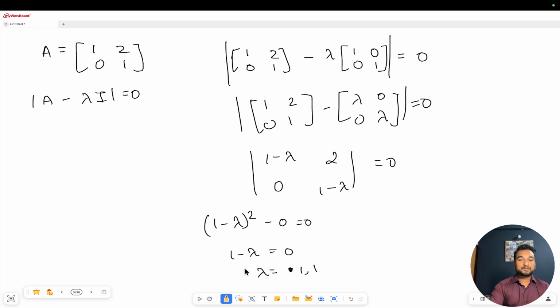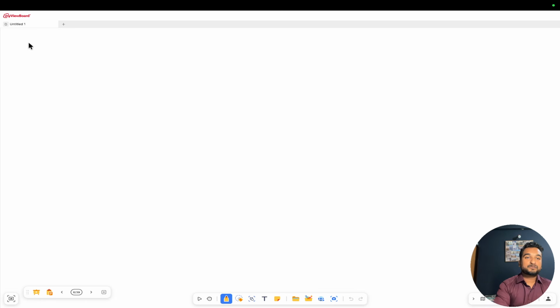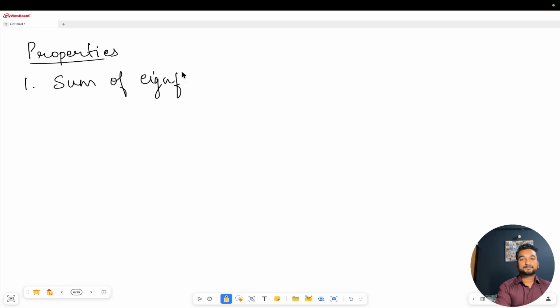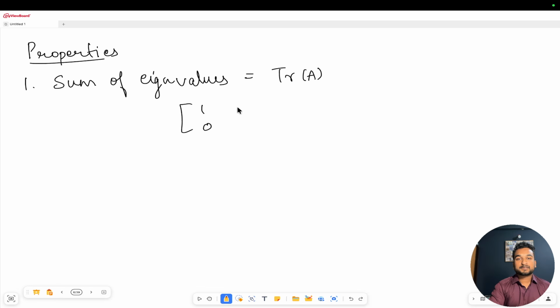Okay, so there are some important properties of eigenvalues you have to remember. That was the process. First, the sum of eigenvalues is equal to the trace of that matrix. What is trace?